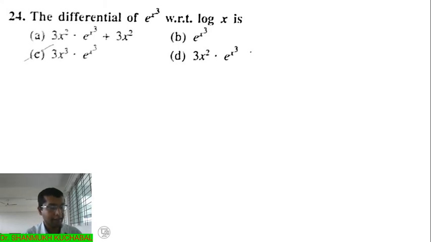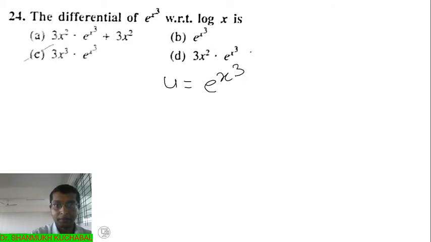Further, example number 24: the differential of e raised to x cube with respect to log x. So it is a parametric differentiation. We take one function u equal to e raised to x cube and v equal to log x.